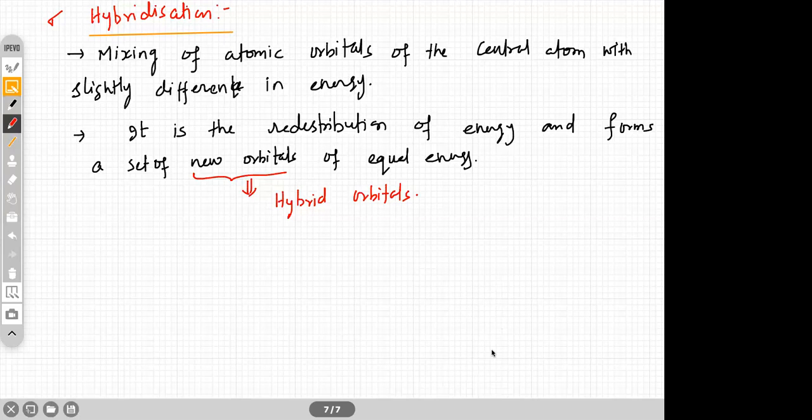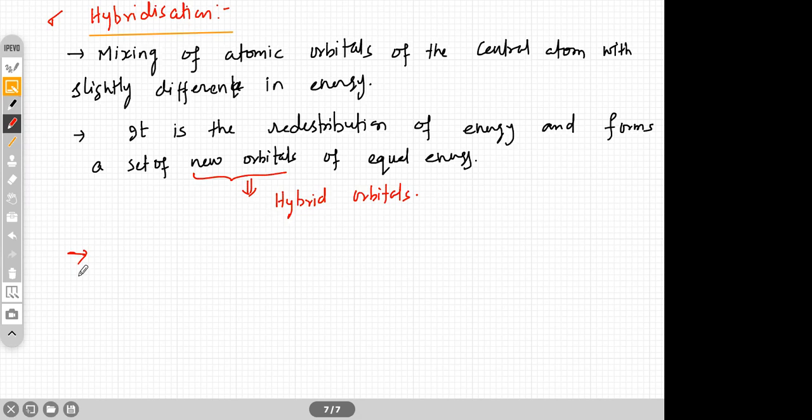Right? Write down: all hybrid orbitals have the same shape and equal energy.